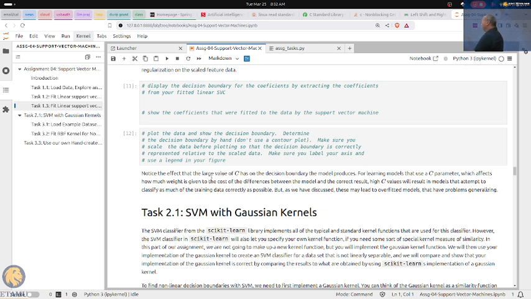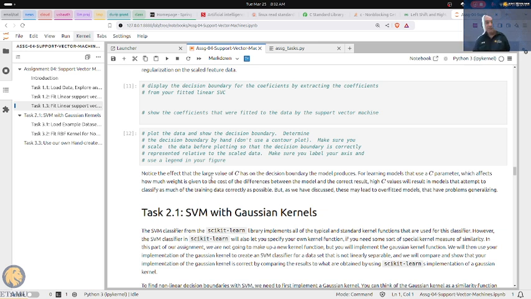For the linear one, I do ask you to do it by hand again. So you have to pull out the parameters of the support vector machine. We did a similar thing in a previous assignment. So pull out the parameters, use that to determine what the decision line was for the data that we had on task 1, and visualize that, plot that for our classification task.